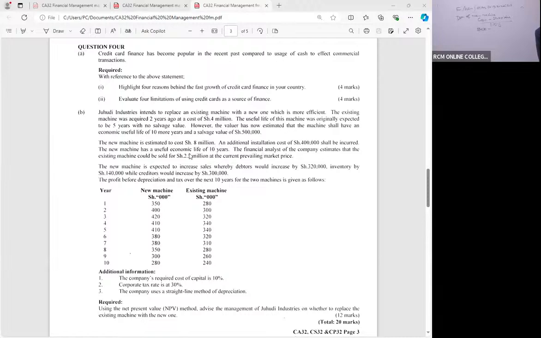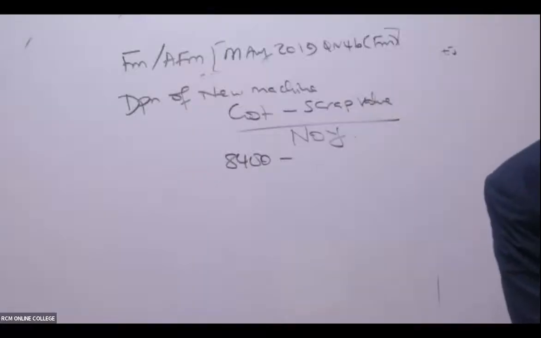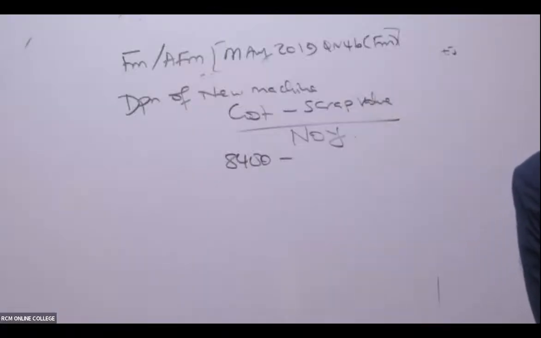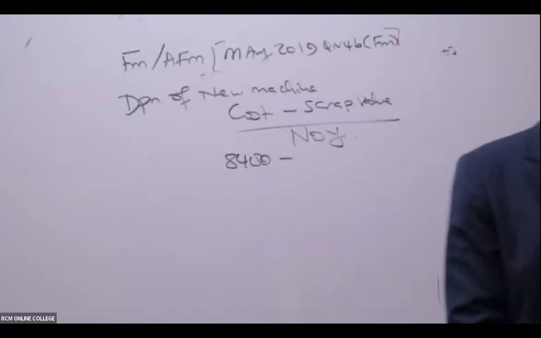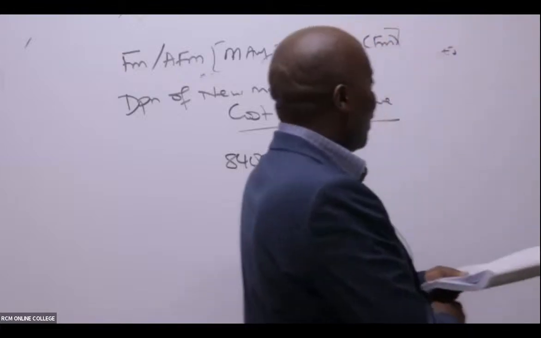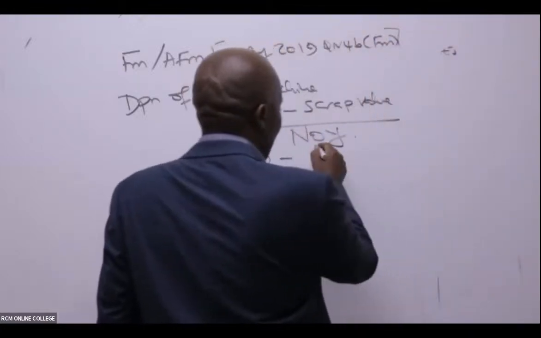Please don't take this 2,500 to be the scrap value of the new machine. They have told us that this is the selling price of the existing machine. They are not having any relationship there. So residual value or scrap value of the new machine will be 0.